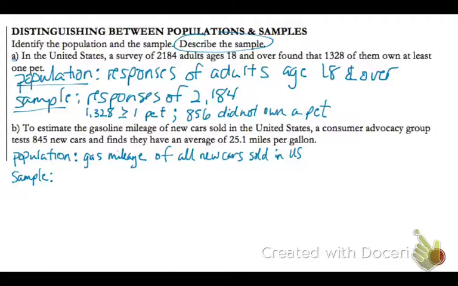Now the sample was the 845 new cars that were tested by that advocacy group, and the information that was found out about those cars. So the gas mileages of the 845 new cars tested.